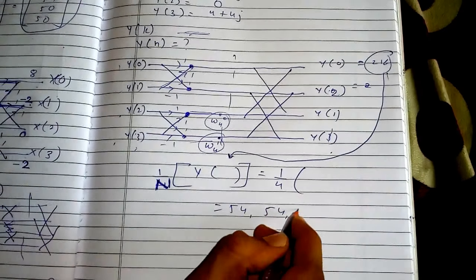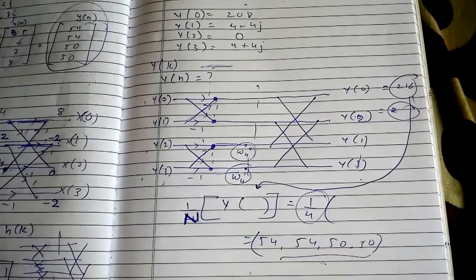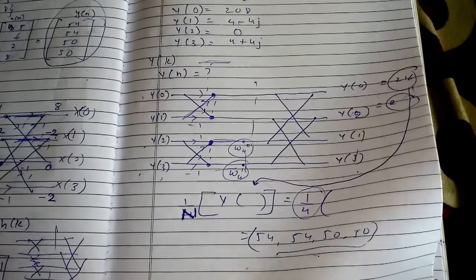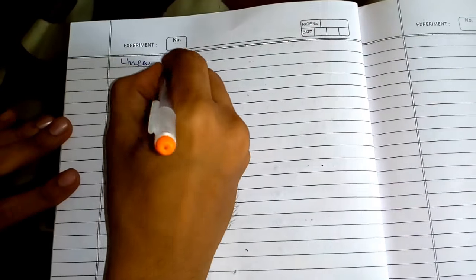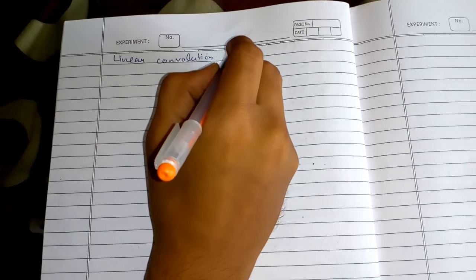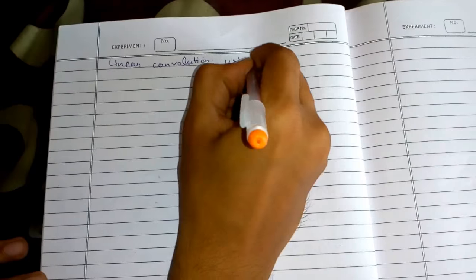You will have 4 terms here, and this answer should tally with the answer that you got previously. Then and only then it will be assumed correct. Okay, and to come to the final part of this question, we are told to find linear convolution using circular convolution.